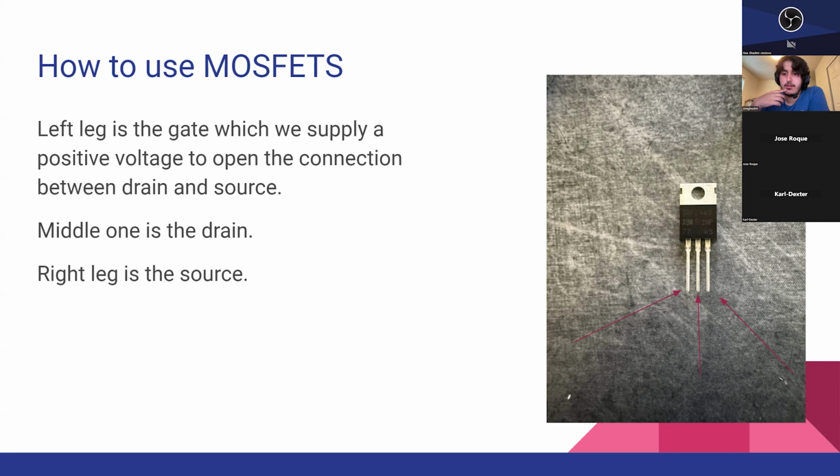But I think the ones that we have, I was checking, can handle up to 50 volts and 20 amps. So it's like 20 times 50, which is 1000 watts. That's a lot of power they can handle, so that's why they are really useful in a lot of power applications. Any questions?